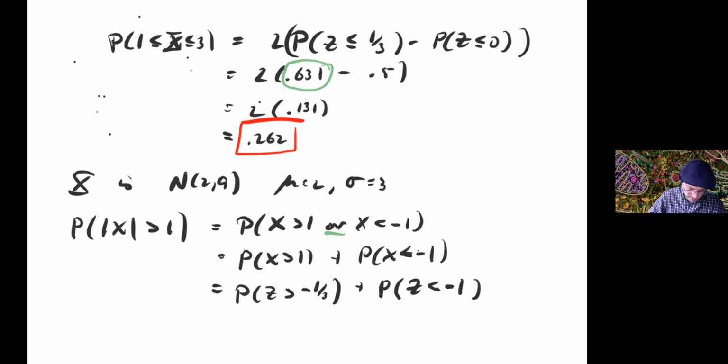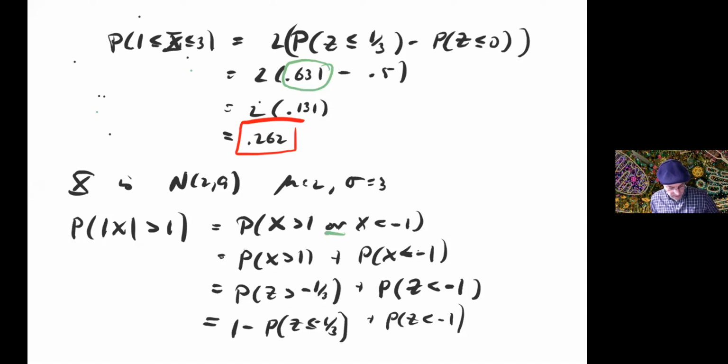Okay, so this is what we have to calculate, and we can do that with the StatTrek calculator. I'm going to just do the calculation without erasing the screen, so I'm not going to show you the calculator again. Now, in order to get this in the format necessary for doing the computation on StatTrek, I have to convert the inequality z is greater than minus 1/3 to the complementary probability, which is 1 minus the probability z is less than or equal to minus 1/3, and then I can calculate that.